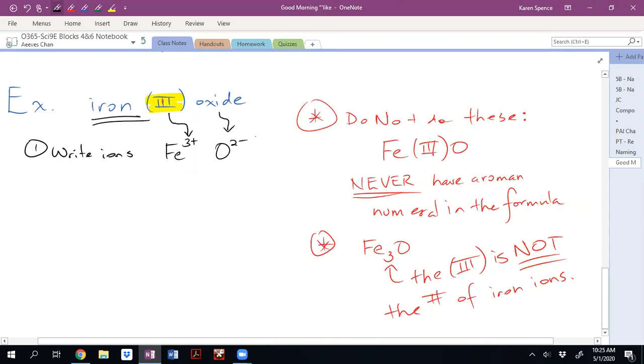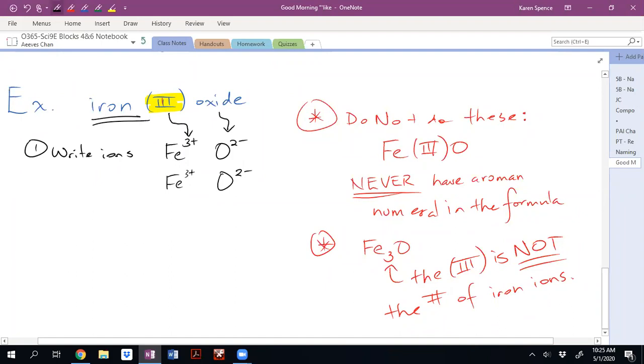Now, there's a couple ways to do this. You can simply add ions until everything equals out. I can look at this and say, I don't have enough negative charge yet. My negative charge is too small. So I'm going to add another oxide. Now my positive charge is too small because I have positive 3 and negative 4. So I'm going to add another iron 3 plus.